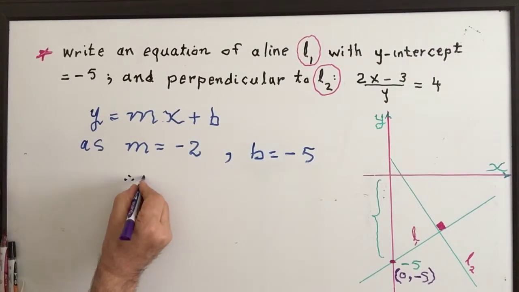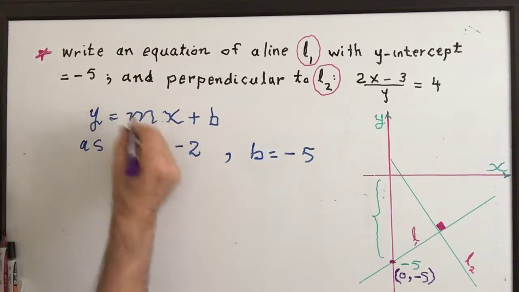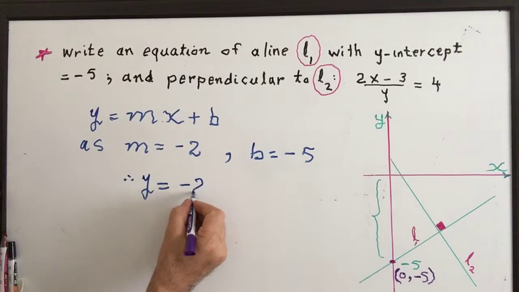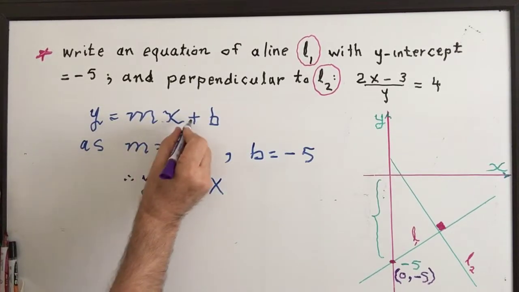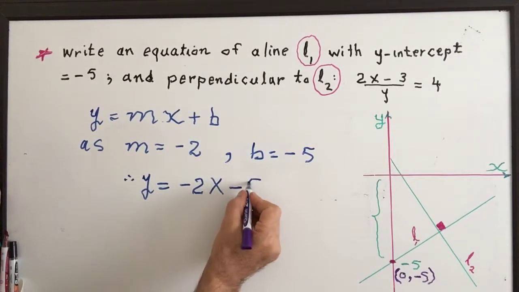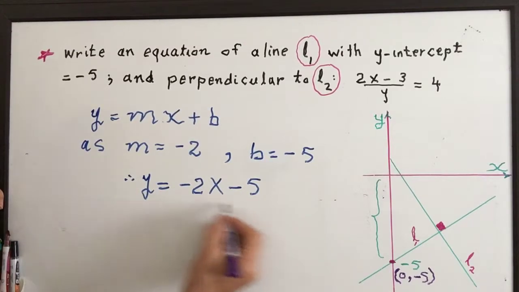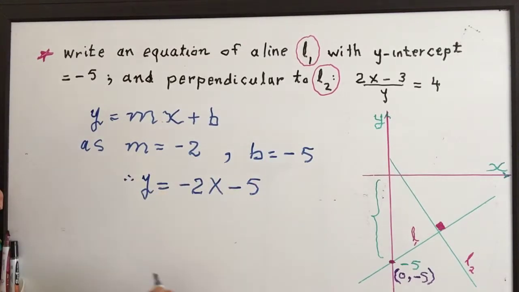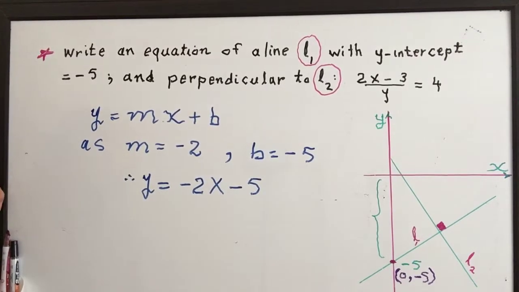So these two pieces of information, I will use them to write the equation. Then y is equal to m, here -2, and x stays, plus b. b is -5. And try to put all terms on one side.